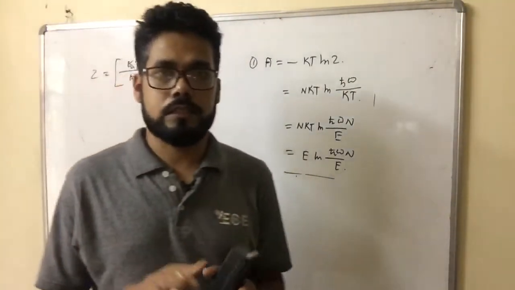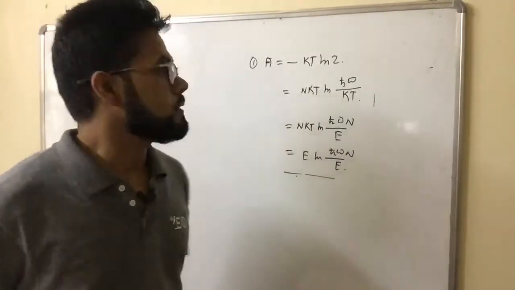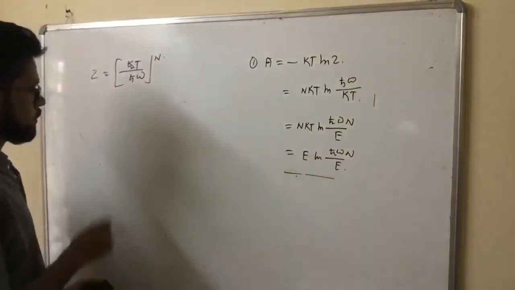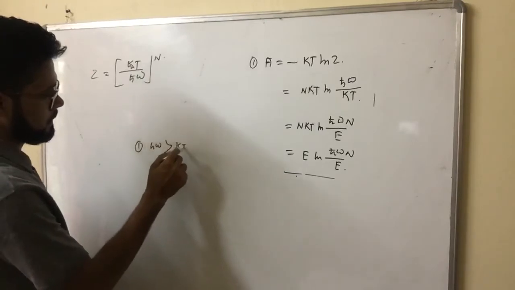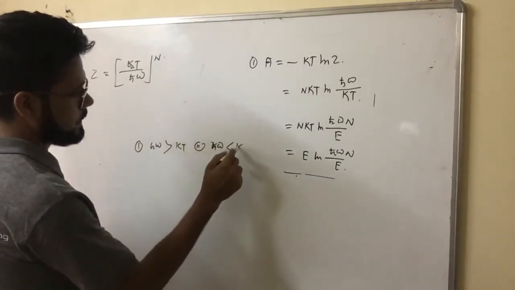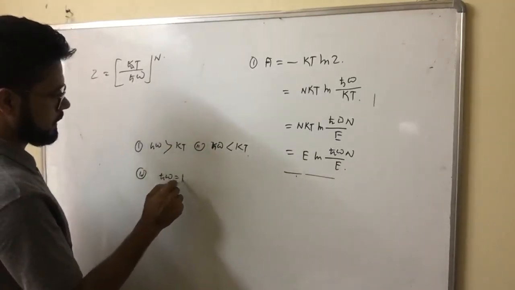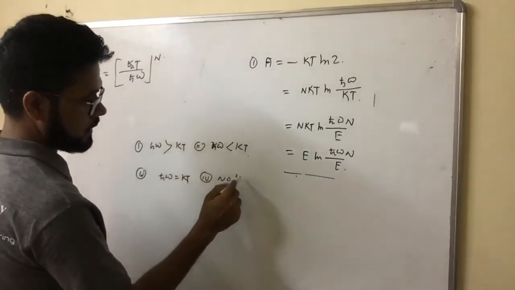Under which condition does the free energy of the system become 0? The options: one, ħω greater than kT; two, ħω less than kT; three, ħω equal to kT; four, none of the above.